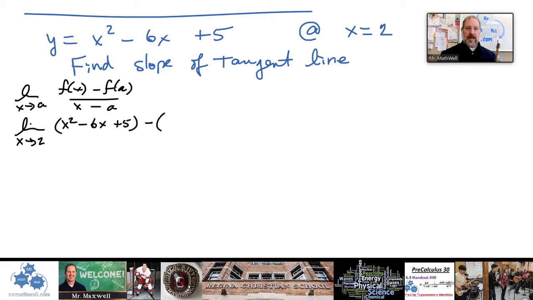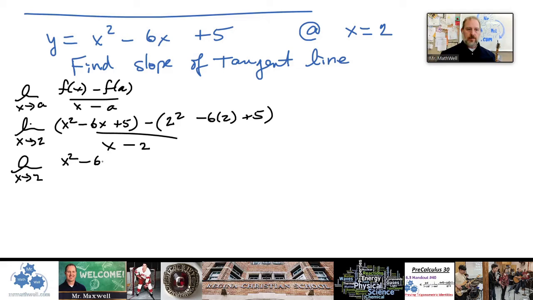Subtract f of 2, which is 2 squared minus 6 times 2 plus 5. On the bottom, we have x minus 2. So you simplify things here, and we'll leave the first part alone. Can I just figure this out in my head?